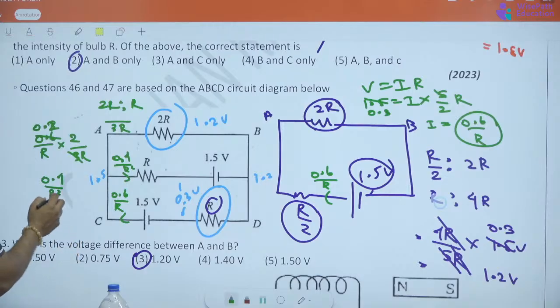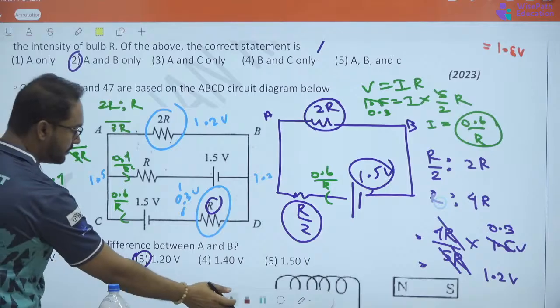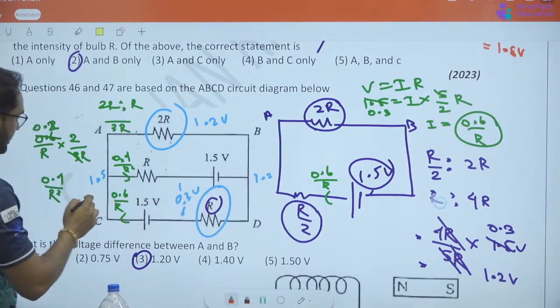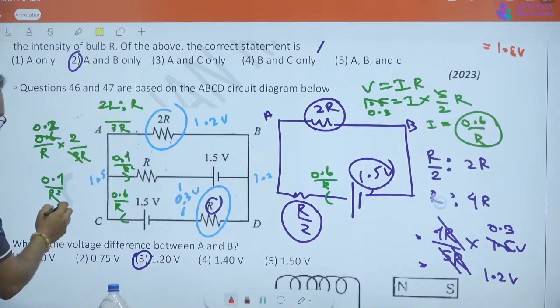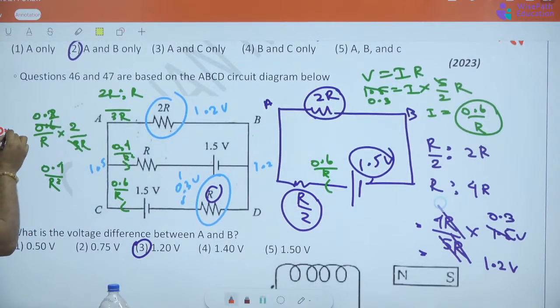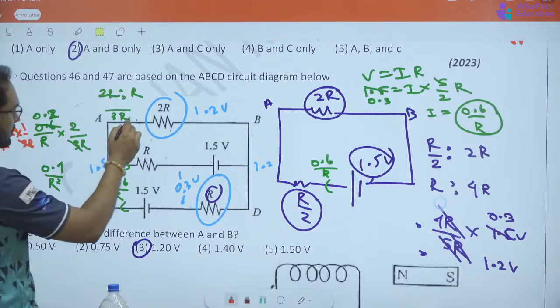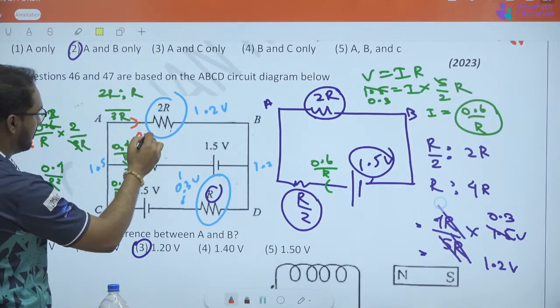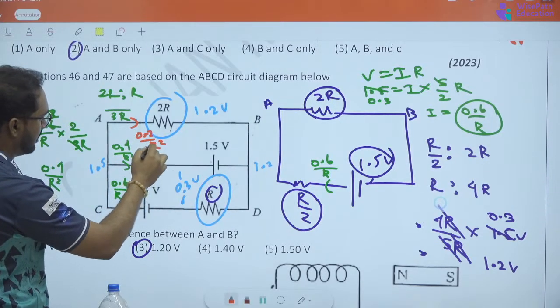And if we compare the other one, that will be how much? I'll write it here, 0.6 divided by R multiplied by 1 over 3R. That will be 0.2 over R square. So here it will be 0.2 divided by R square, right?